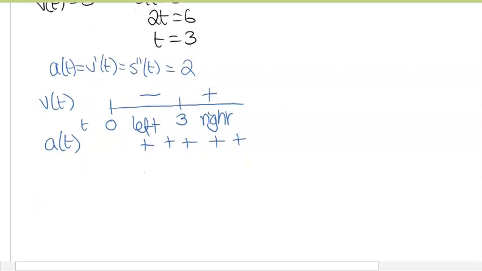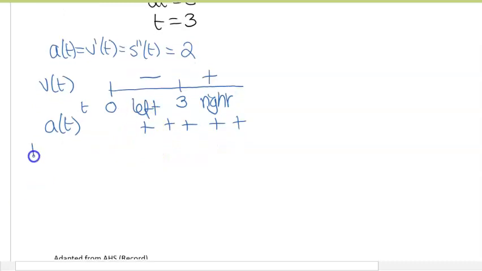So what this means is, looking at this first interval from 0 to 3, it's moving to the left and it's being pushed to the right, so that means it's slowing down. This is how we justify it.